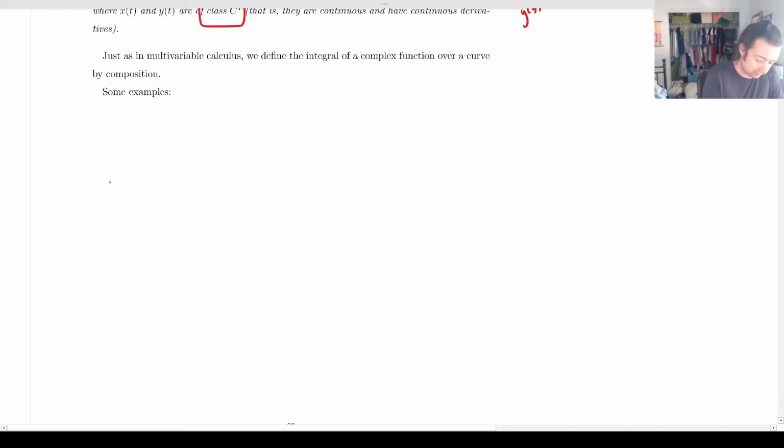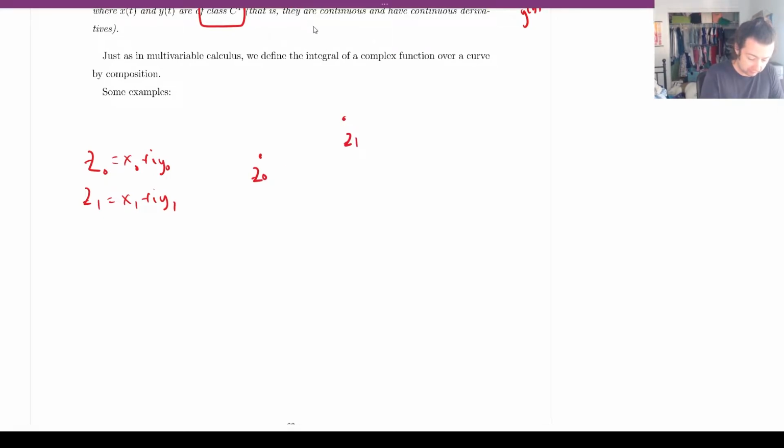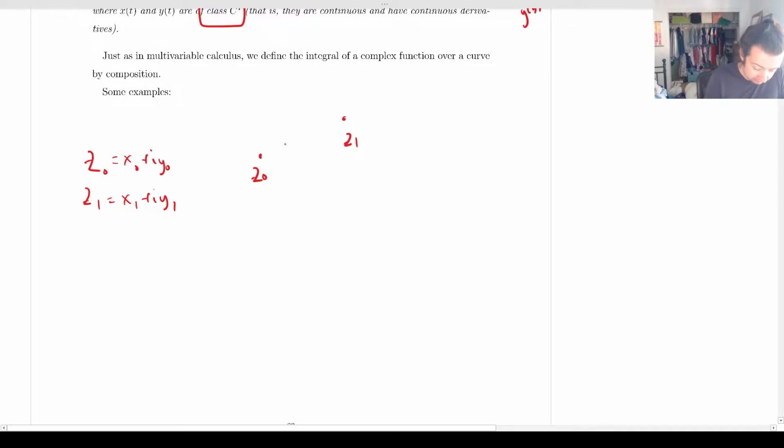If you have a point, say, z naught is equal to x naught plus i y naught, and z1 is equal to x1 plus i y1, and you want to build a parametrized graph or function that gets you from z naught to z1. So you can imagine here's z naught, and here's z1. And what I'd really like to do is to build, say, the straight line path from z naught to z1. So here we're thinking about straight lines.